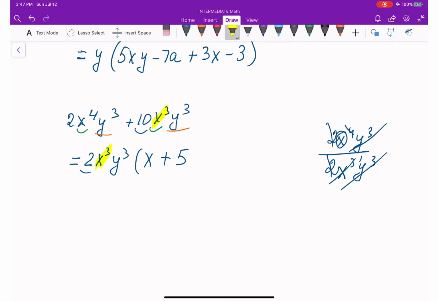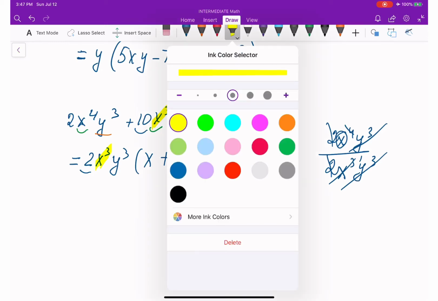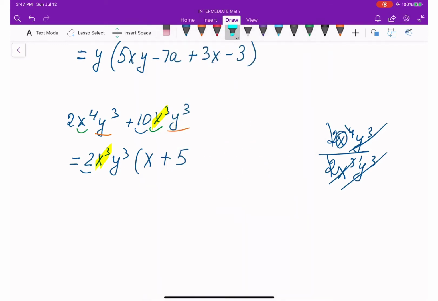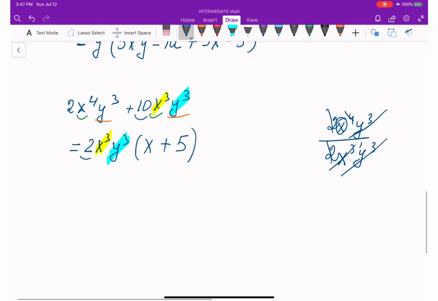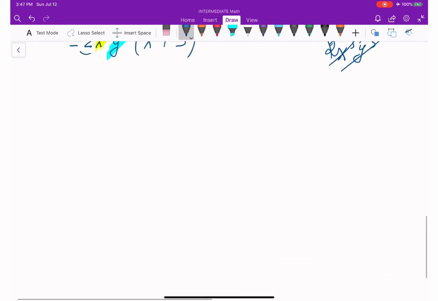And y cubed divided by this y cubed is going to be gone, cancelled. So the result is going to be x plus 5. Okay, let's elevate, make it more interesting.